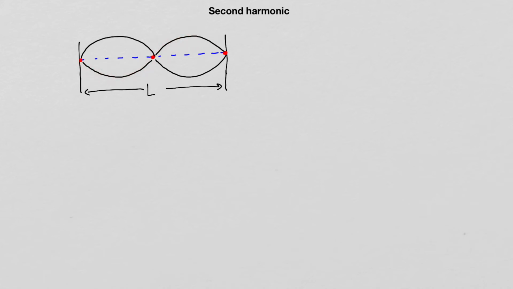We have 3 node points and 2 antinodes. And so based on this standing wave pattern, each branch is equal to 1/2 of the wavelength. And the direction of propagation is like so.